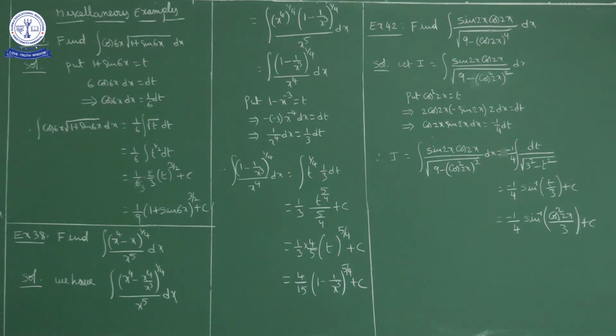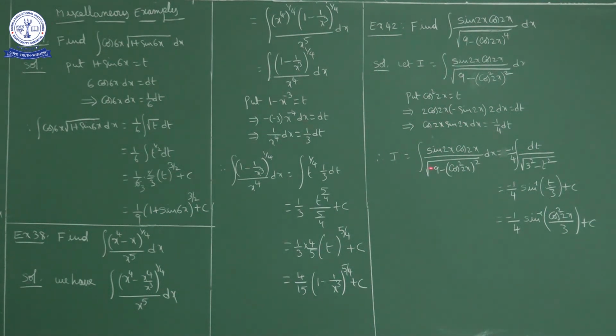Now here what is given is to find out integral sin 2x into cos 2x upon square root of 9 minus cos square 2x whole square dx. Okay. Now I'll consider cos square 2x as t. So its derivative 2 cos x, cos derivative minus sin 2x, 2x derivative 2, dx equal to dt. So sin 2x cos 2x dx is equal to minus 1 by 4 dt.